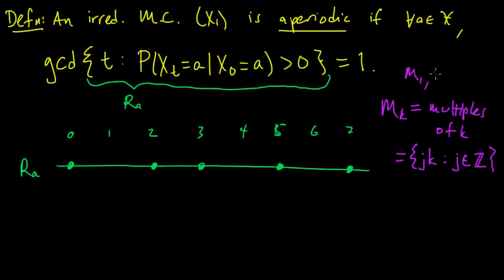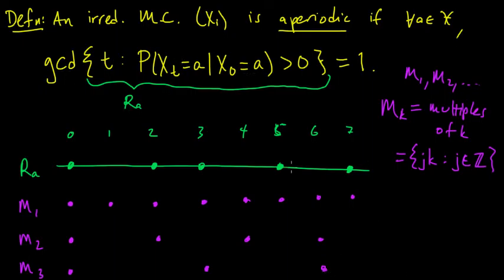So we'll define this for M1, M2, and so on, but we allow all the multiples. And if we look at M1, M2, and M3, what are these? M1 is all the multiples of 1. So if we're looking at these non-negative times, of course, every positive integer is in it. For M2, we have all the multiples of 2. So this is obvious. And for M3, we have all the multiples of 3. So that's clear.